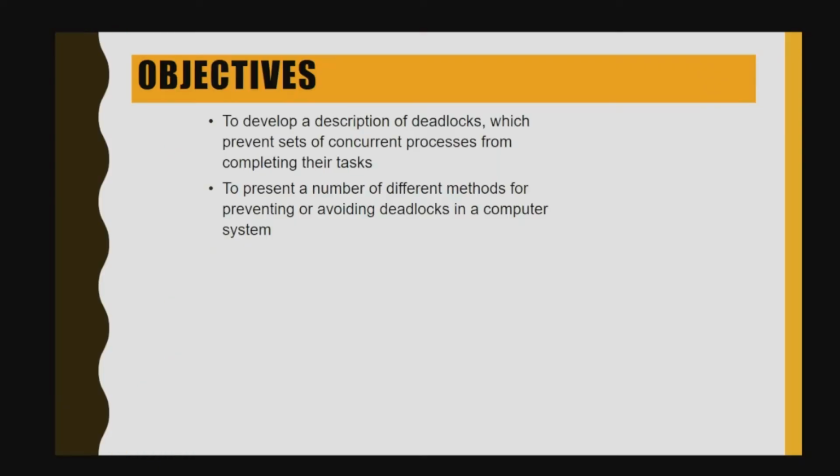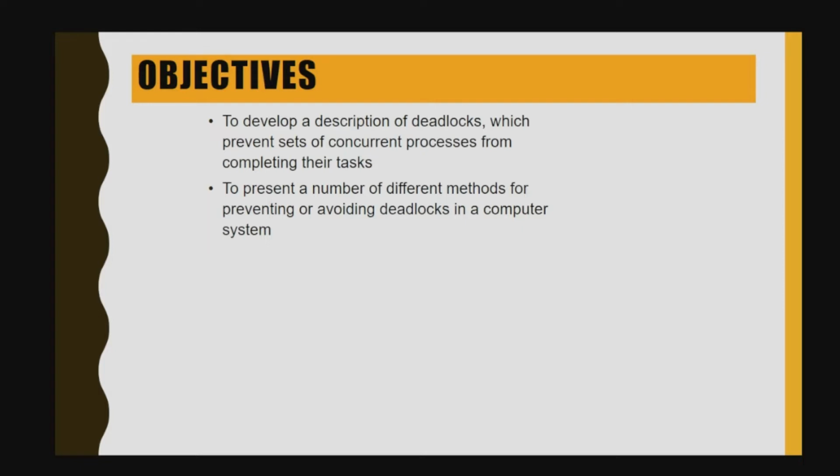So part 1, okay, this is part 1. Later on we have another part 2 and part 3. So the objective for the chapter is to develop a description of the deadlock, which prevents a set of concurrent processes from completing their tasks. So at the end of this chapter, you should be able to understand what the deadlock is.